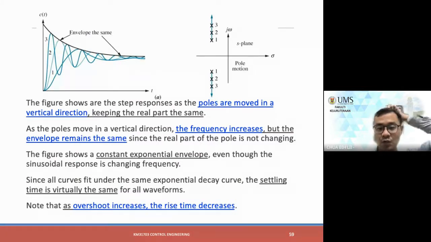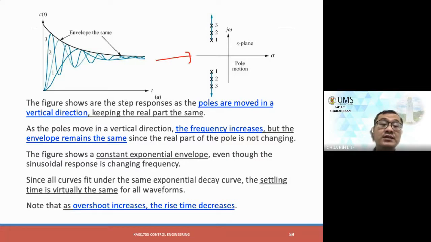So now, as I mentioned previously, we would come to a stage where we would want to design a control system based on the location of the pole. But before we do that, we just have to get some idea of how it would change when it corresponds to the S plane.